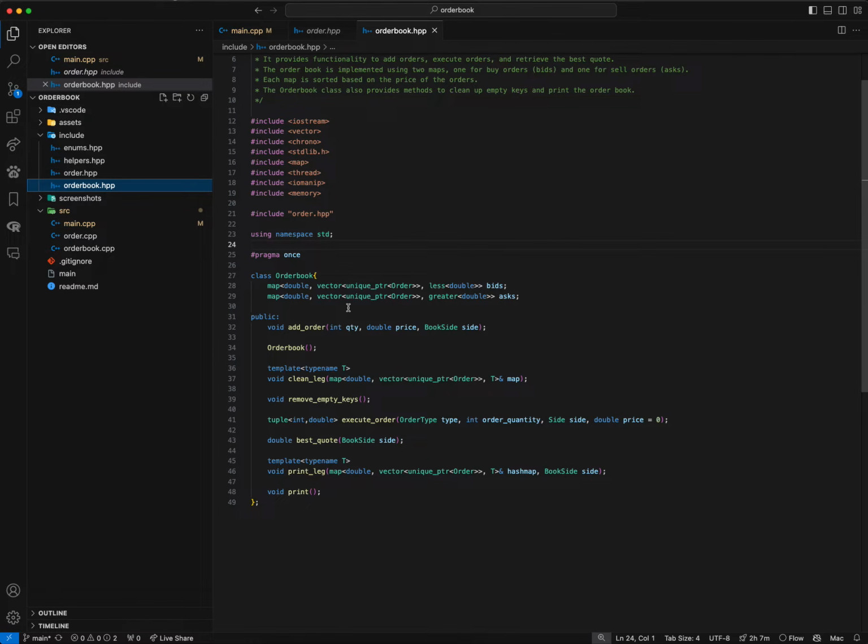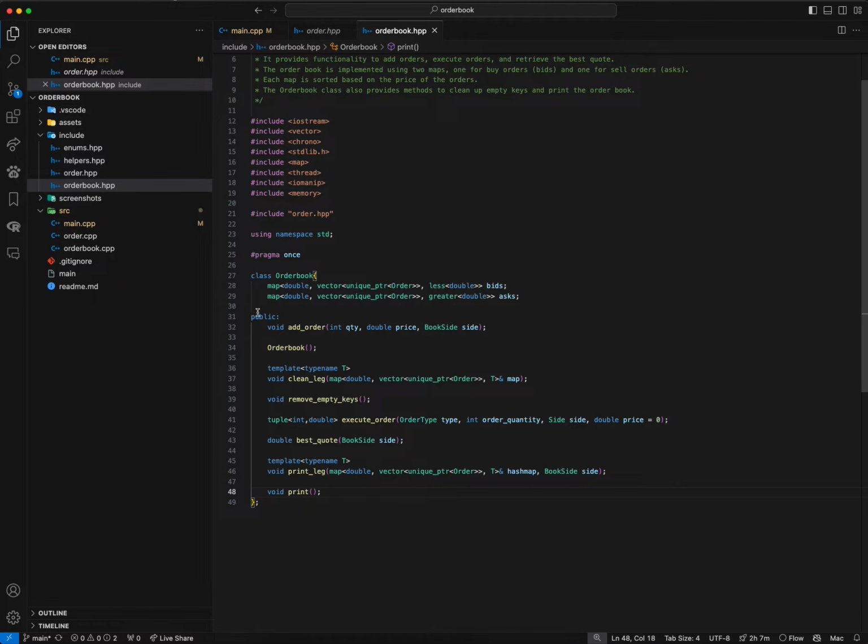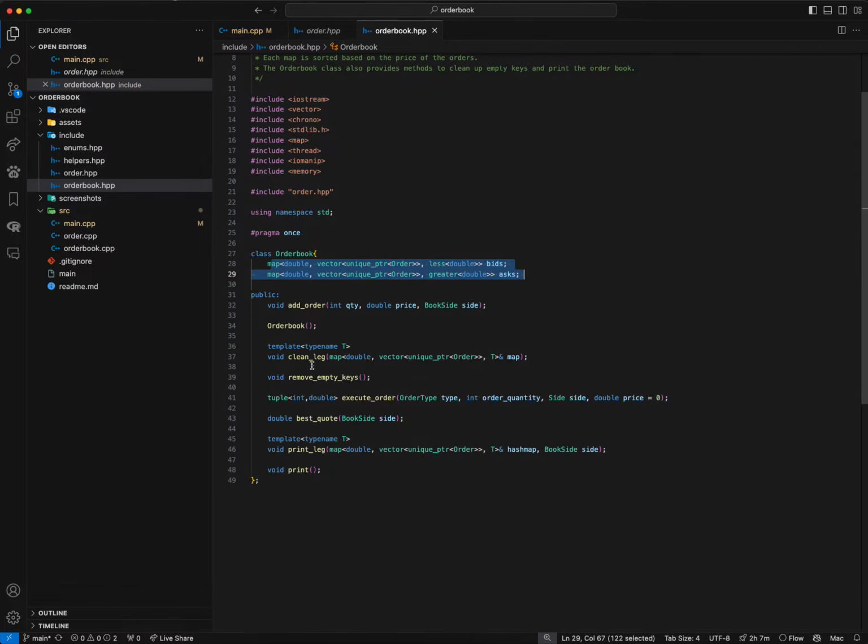I will now talk very briefly about how this order book class is designed, because this is really the bread and butter. It holds two hash maps, one for the bids and one for the asks. The hash maps have the price level as the key, and the value is a vector of orders. And we have a bunch of functions to work with this. We have add order, which adds an order to the book, so it'll add it to these hash maps.